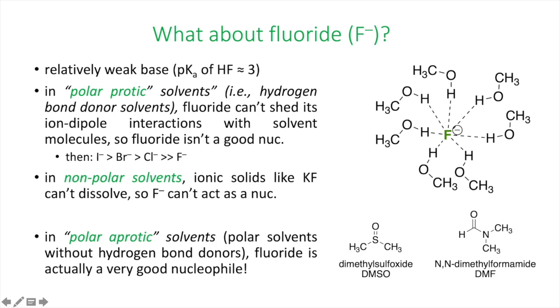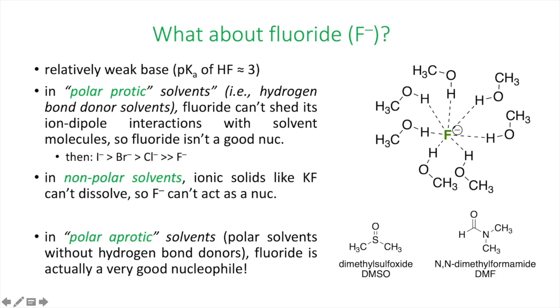We can define polar protic solvents as solvents that have a hydrogen bond donor. So water, methanol, ethanol, anything with an OH, anything with an NH. In polar protic solvents, fluoride's a bad nucleophile because it forms really, really strong ion-dipole interactions, kind of like hydrogen bonds, but remember fluoride's a dipole.